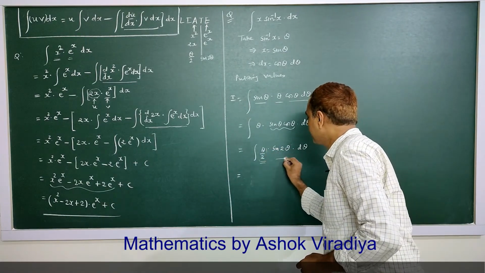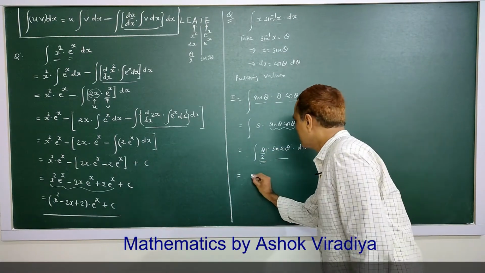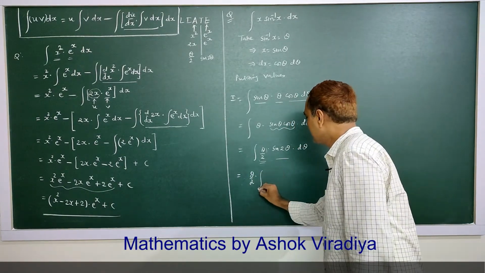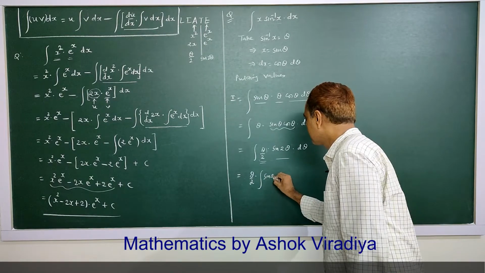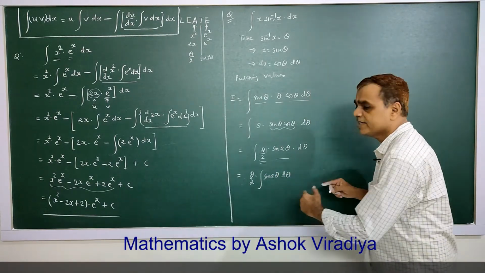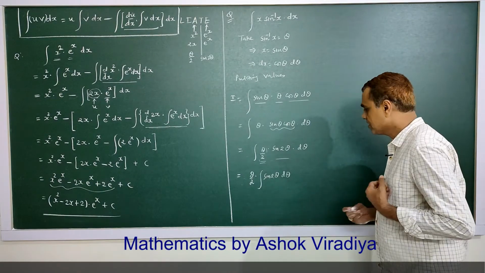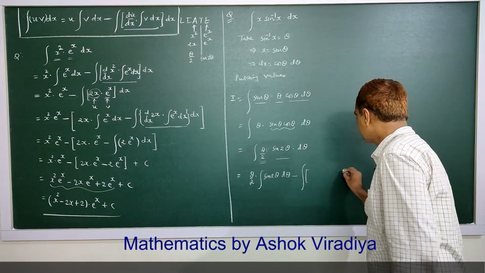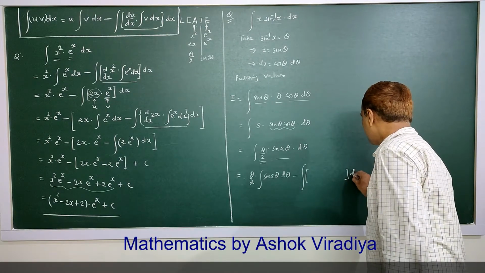U into v: u as it is, integral of v with respect to theta, everything in terms of theta, minus integral of box with respect to theta.